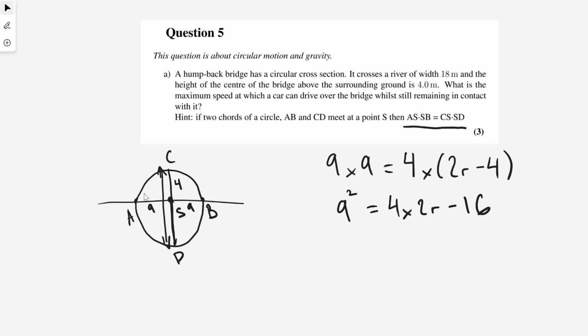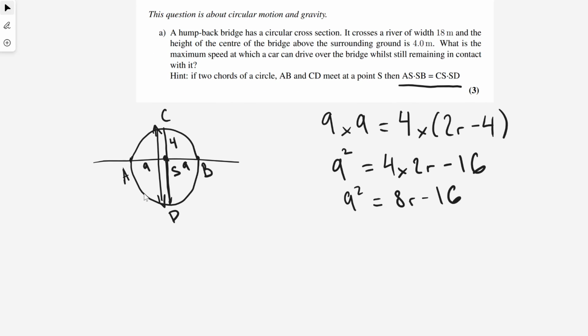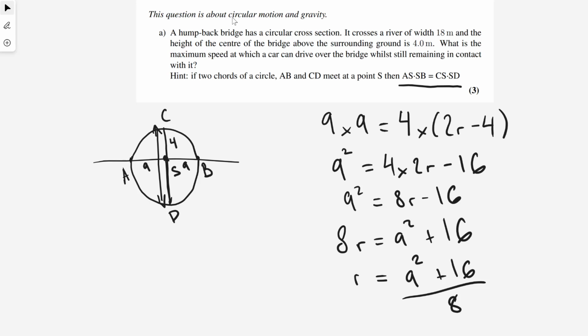Let's do a little bit of rearranging, and what we get is that 9 squared is equal to 8R take away 16, which means that 8R will be equal to 9 squared plus 16, so R will be equal to (9 squared plus 16) over 8, which is equal to 12.125 meters.